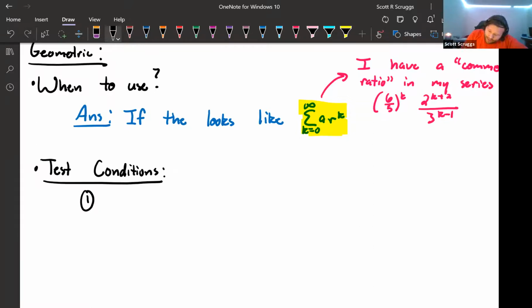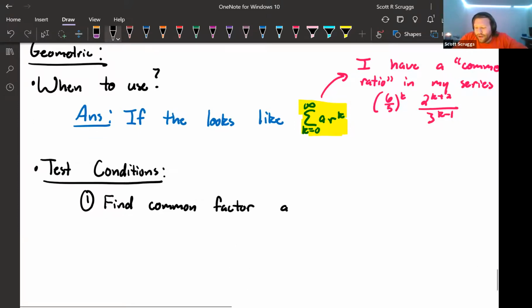Condition 1. Find the common factor A. That's why if you look in your textbook or in Dr. Bird's notes, you see that coefficient A there. That represents the common factor that is shared among each term within the series.